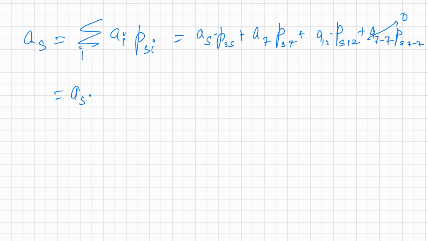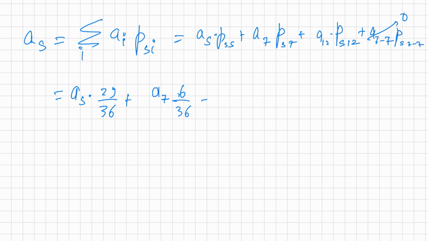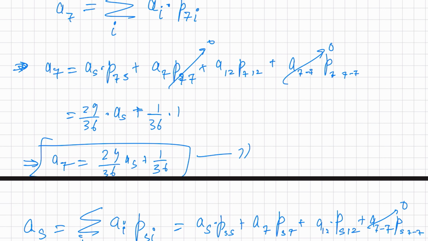All right, so staying in S is 29 by 36, plus A7 times probability of reaching 7, which is 6 by 36, plus the probability of reaching 12. The probability of reaching 12 is 1 over 36, but to get absorbed in 12 it's going to be 1, because if you're in 12, you're going to be absorbed there, and it's also mentioned here.